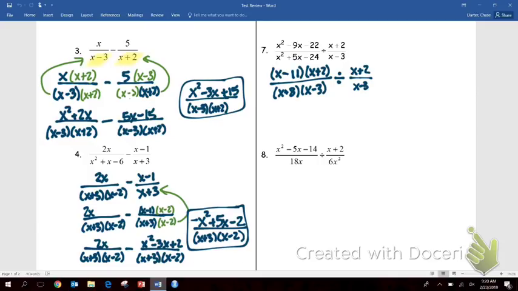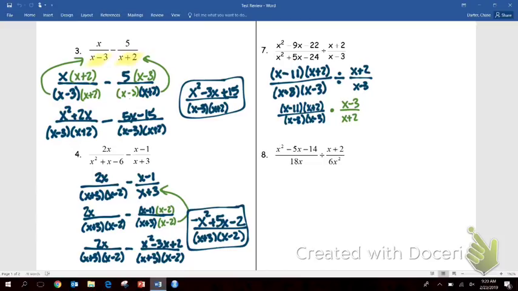So the only difference between multiplication and division is that when you divide fractions, you flip the second fraction and multiply. So this changes to multiplication, and the second fraction gets flipped, turned upside down.